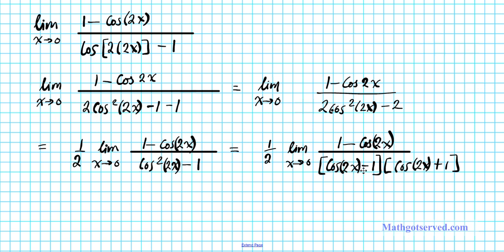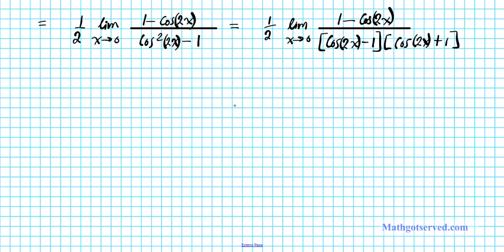Now if you notice, these two, the order is reversed. So if I divide these two, I'm going to end up with negative 1 on the top. Let me rewrite it in another way so you can really see what I am doing. So we have 1/2 times the limit as x approaches 0 of negative parenthesis cosine 2x minus 1.